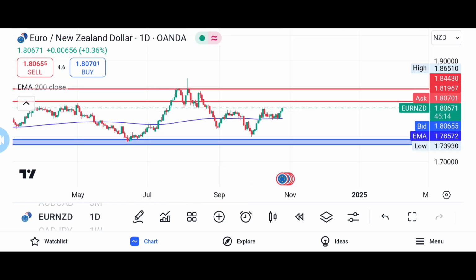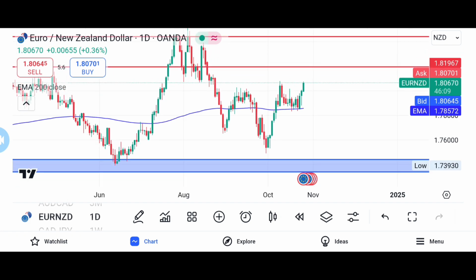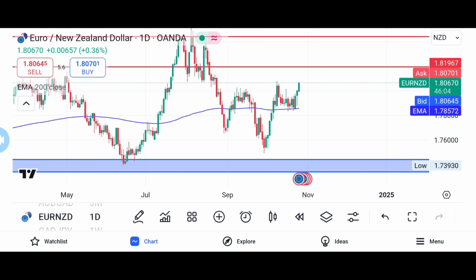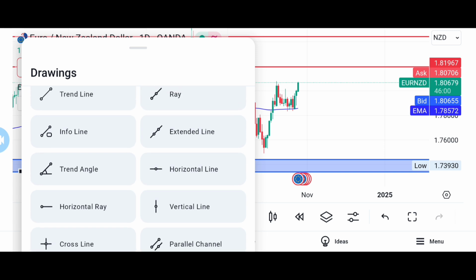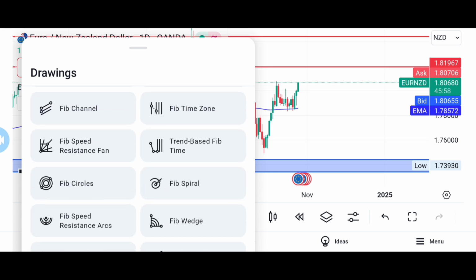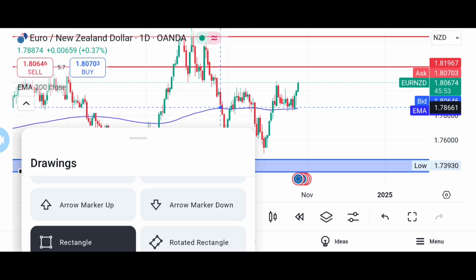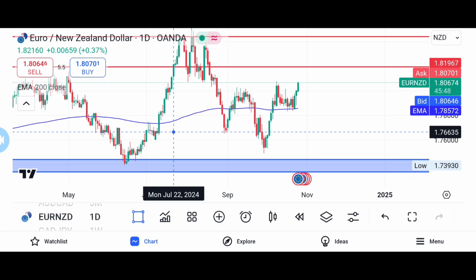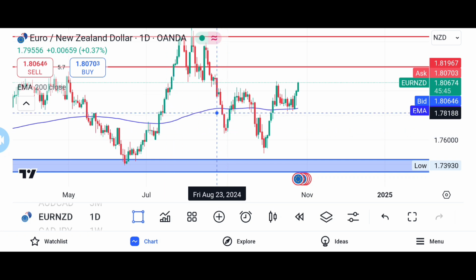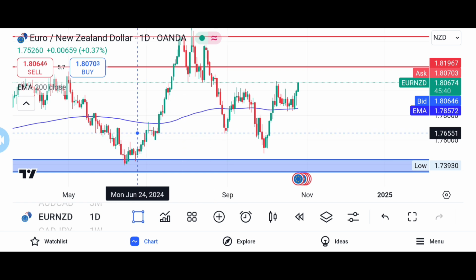Again, in daily, let's draw our new support here, and then I will show you something. You can see the price came back here, it dropped, and then it formed a support here.